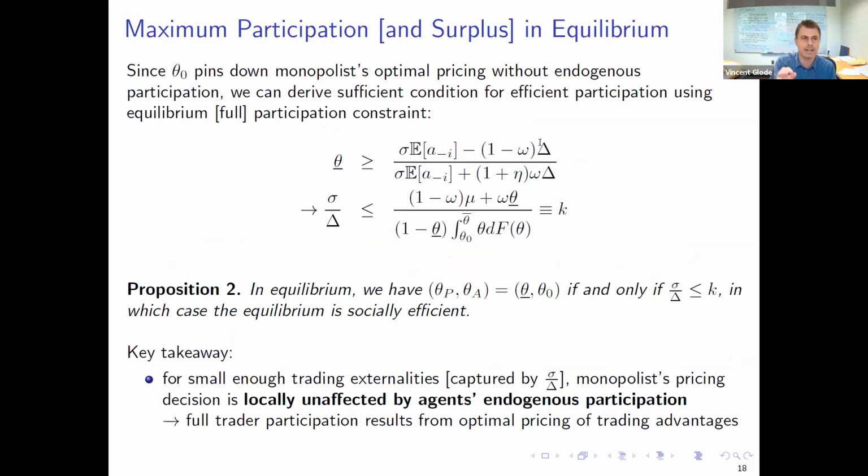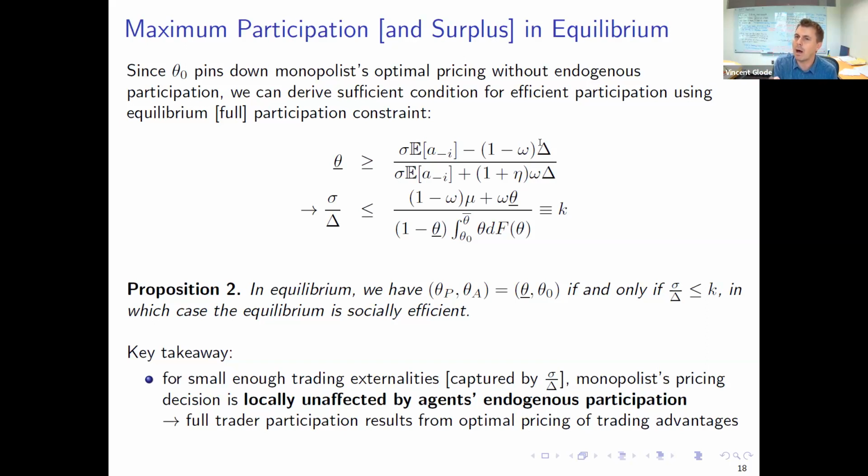We need sigma over delta to be small enough, and then we have an equilibrium that is socially efficient. What does it mean, sigma over delta being small enough? It means that for small enough trading externalities, the monopolist will find it optimal to price these trading advantages in a way that it won't affect the endogenous participation of traders, right?